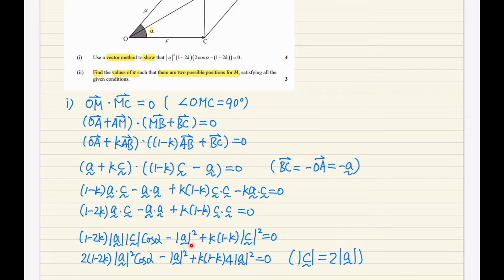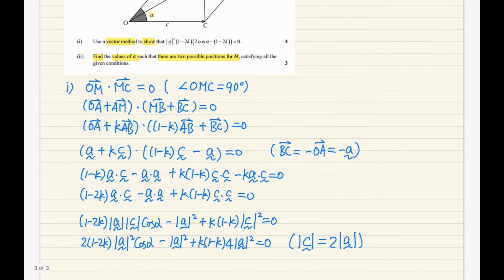Vector A dot vector A is equal to magnitude of vector A squared, and the same for vector C here. Checking the equation required to prove, there's no vector C. Thus, magnitude of vector C should be substituted by 2 times the magnitude of vector A. Here is a 4 because of the square.